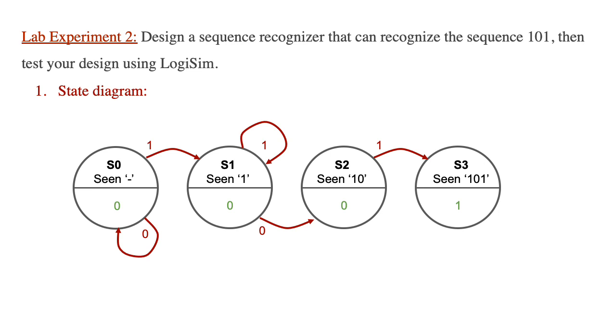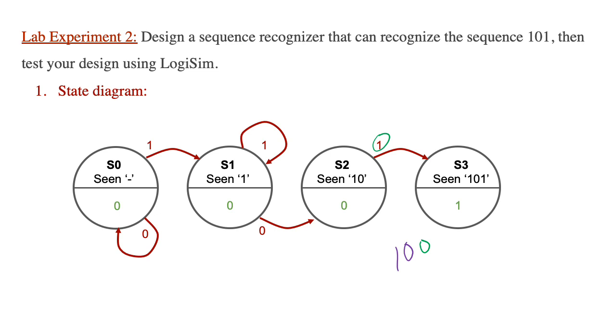Now we're going to check what will happen while we're in state 2 and we receive a 0. The first step is to write what's inside the state, which is seen 1 0. Then add to it the next possible input, which is 0, because we already took care of the 1. So now we're going to see what happens if we receive a 0.